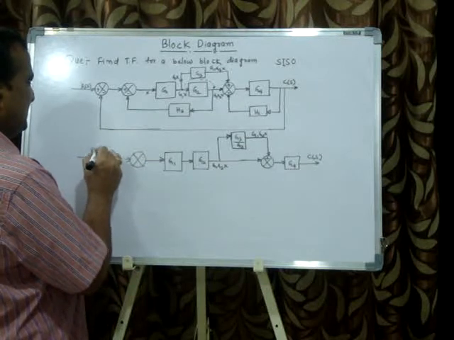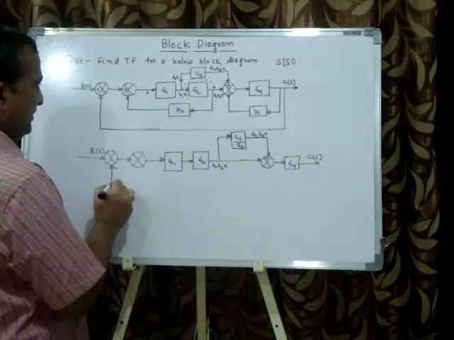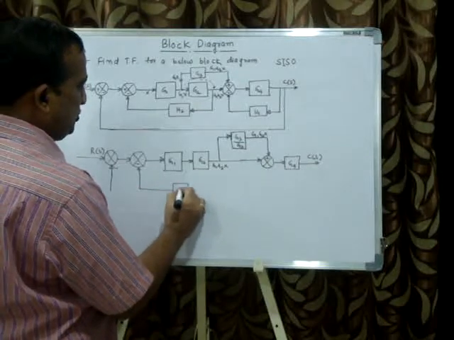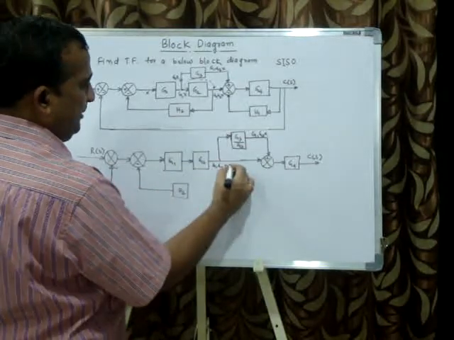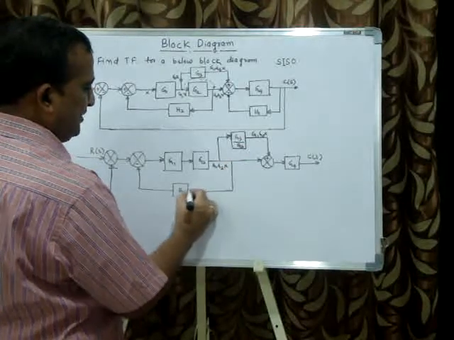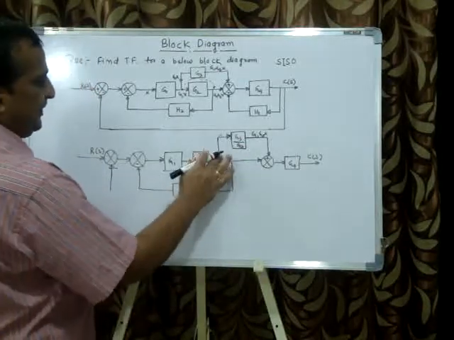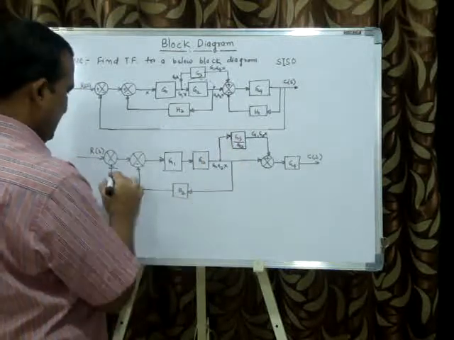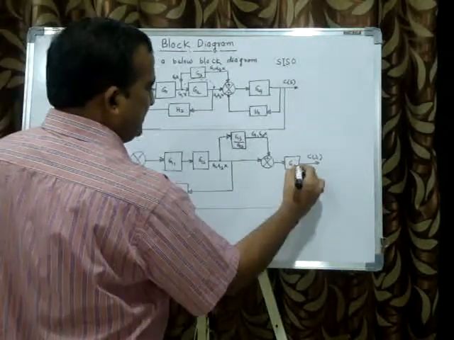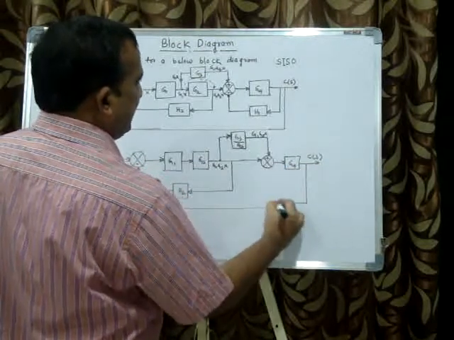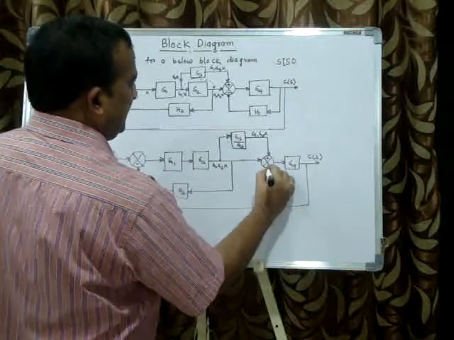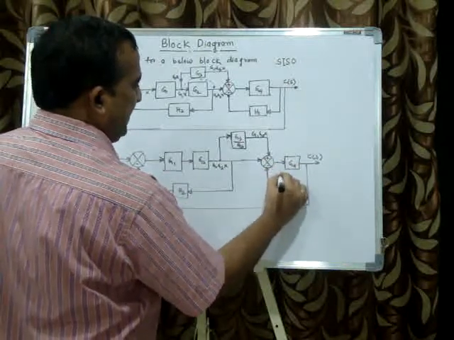Here R of S, and here minus, here also minus, this is H2, and after G2 I am getting the signal, I can show it on this side, no issue. And here there is one feedback, and here G4, this is minus H1.